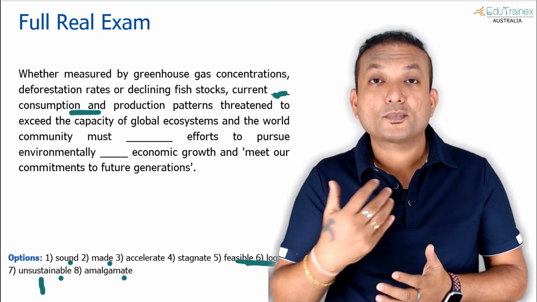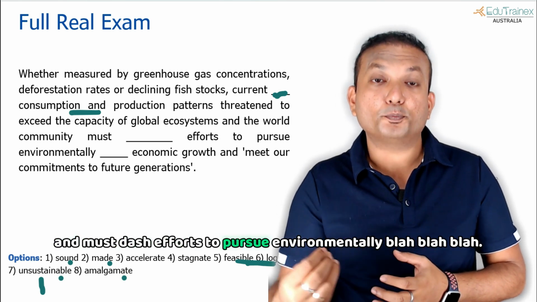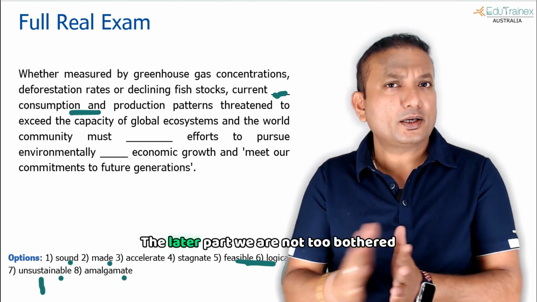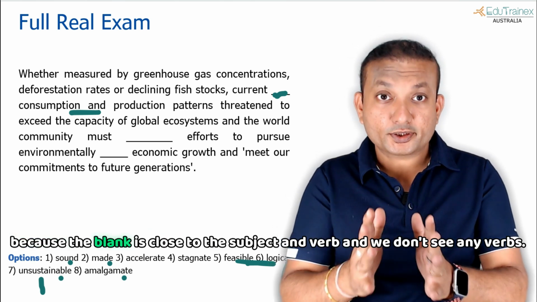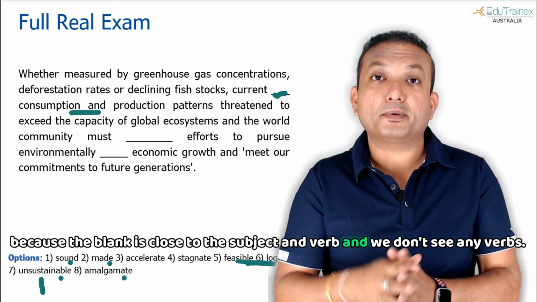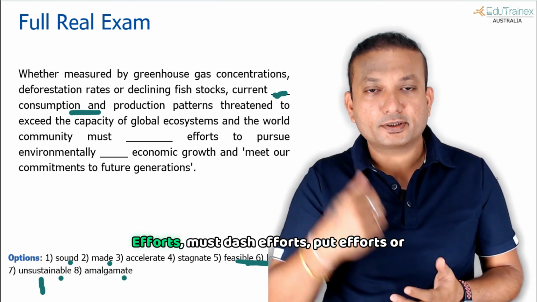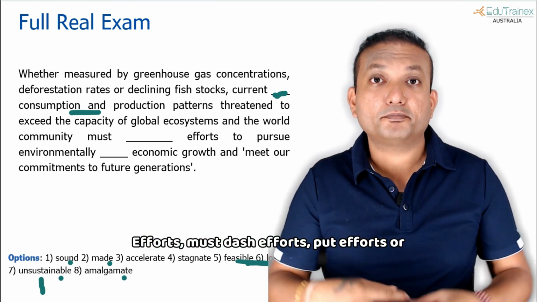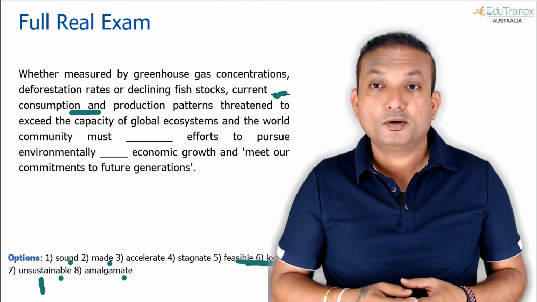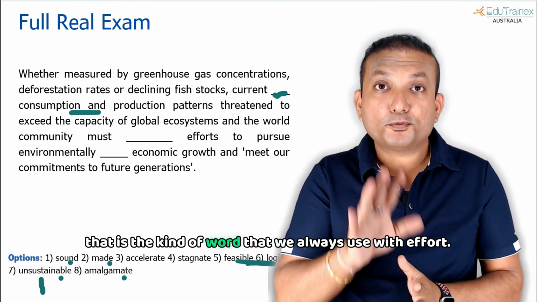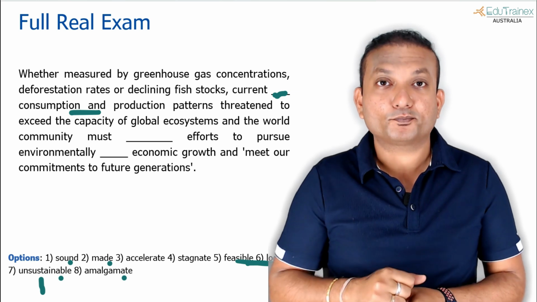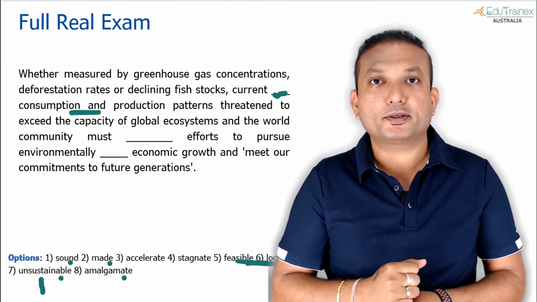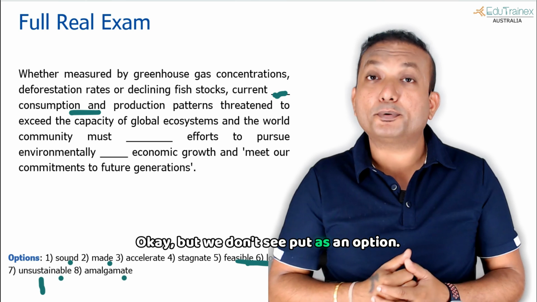We need a verb, and must dash efforts to pursue environmentally blah blah blah. The later part we're not too bothered about because the blank is close to the subject and verb and we don't see any verbs. Must dash efforts, put efforts, that is the kind of word that we always use with effort. You must put some effort. Okay, but we don't see put as an option.